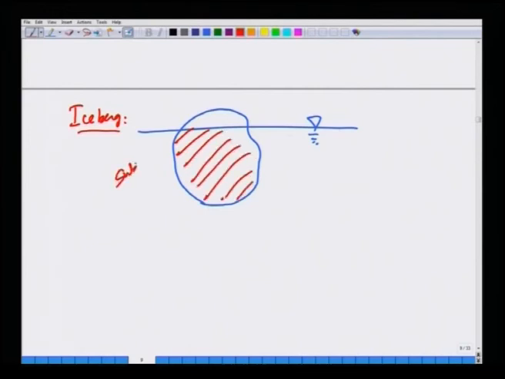Let us call this submerged volume V underwater, VUW. Let the mass of the iceberg be m, and the total volume of the iceberg be V total.